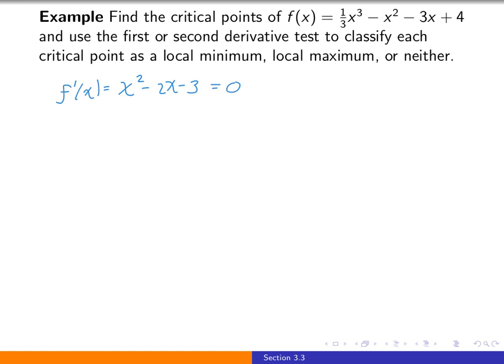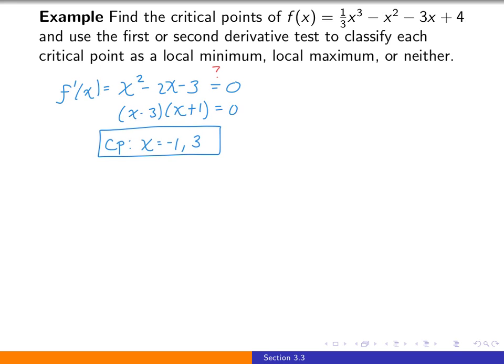To find the critical points, I set it equal to 0 and solve. The quadratic we have factors nicely: x minus 3 times x plus 1. So we have two critical points. Our critical points are x equals minus 1 and x equals 3.